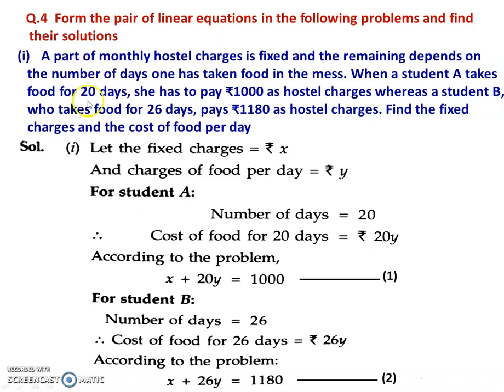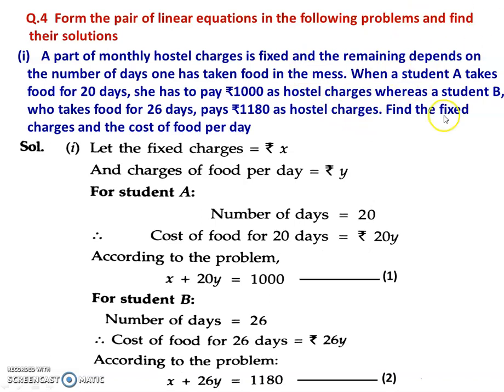So the first word problem is: a part of monthly hostel charges is fixed and the remaining depends on the number of days one has taken food in the mess. This is somewhat similar to the previous problem which we have already discussed, that is, the taxi fare is fixed and then charged per kilometer.